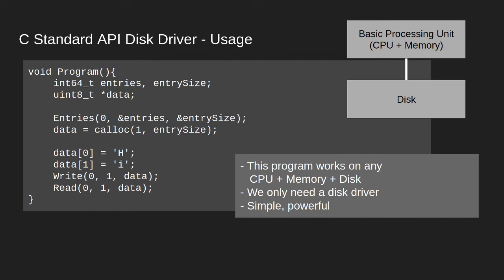So the C API might work on Linux, Windows, and most other operating systems. If we test our program and we see that it works using the C API, it will also work on other implementations which satisfy the interface. This is a simple but powerful disk interface that allows us to do most things with a disk.